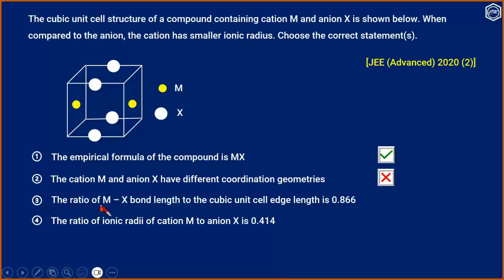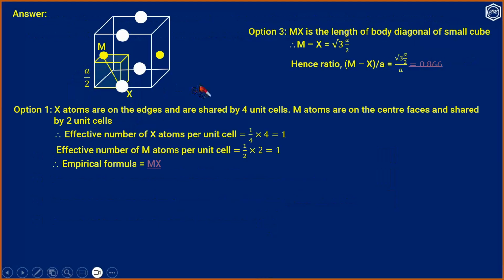So option 3, the ratio of MX bond length to cubic unit cell edge length is 0.866, so it should be a correct option. Now we have to consider the fourth option. The ratio of ionic radii of cation M to anion X is 0.414. Now I am placing another unit cell side by side of this one.